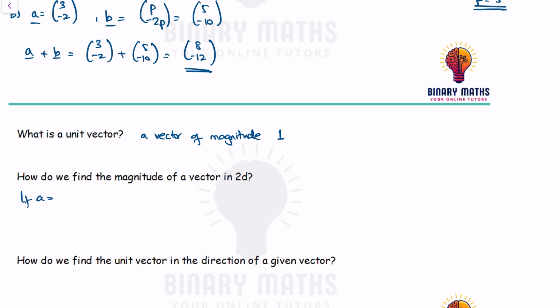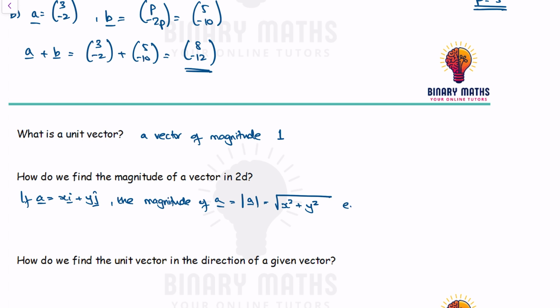So if A is equal to xi plus yj, then the magnitude of A is equal to, we write two vertical lines like this, that means the magnitude of A is equal to the square root of the i component squared plus the j component squared, the square root of x squared plus y squared.